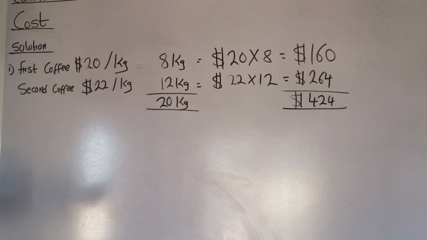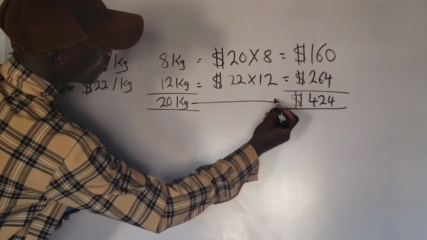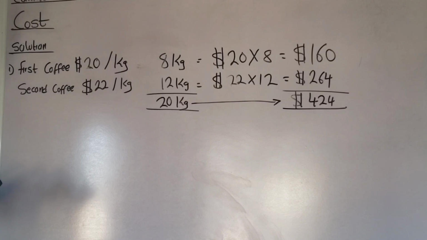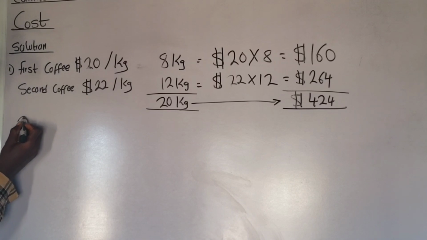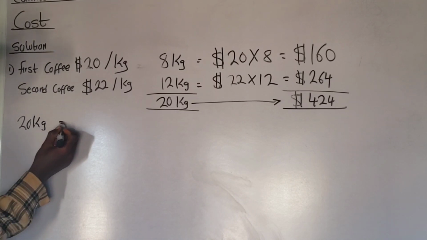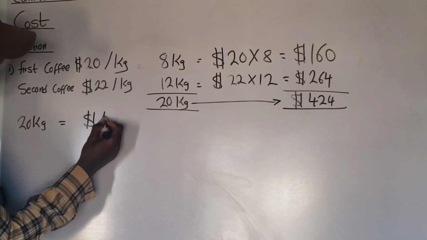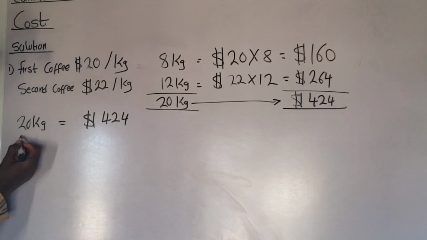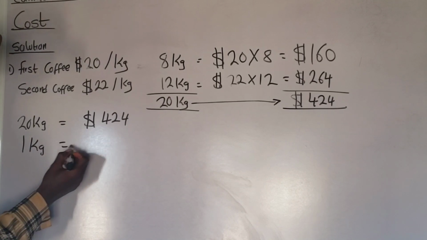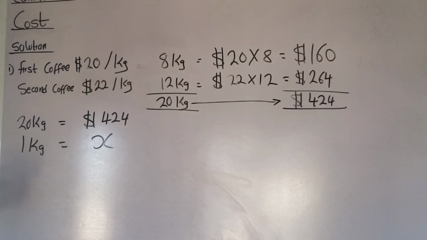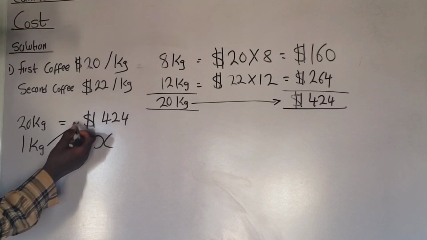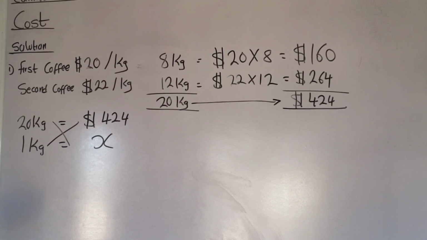Since 20 kg of the mixture costs $424, 1 kg of the mixture, let us represent it as x. Now we are going to cross multiply. Take the cross product.